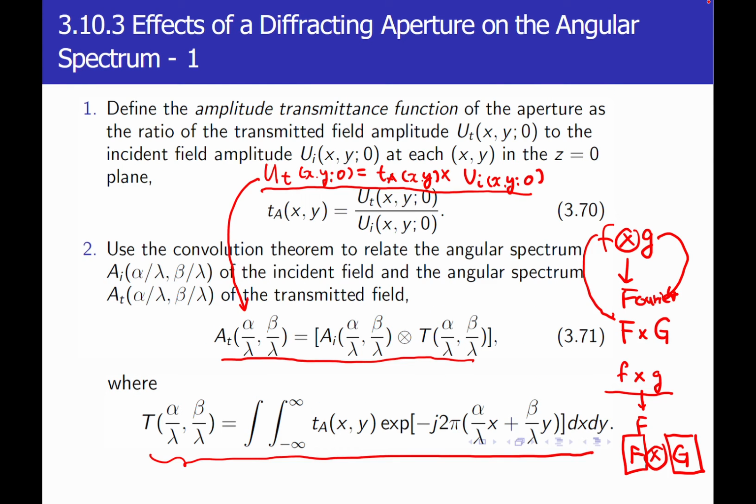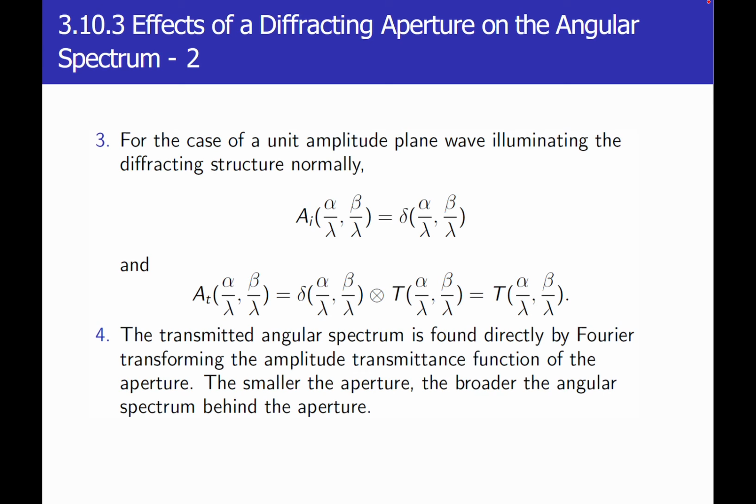So what we are trying to do now is that for the case of a unit amplitude plane wave illuminating the diffracting structure normally, in that case A_I is the delta function. And then A_T is given by this one.